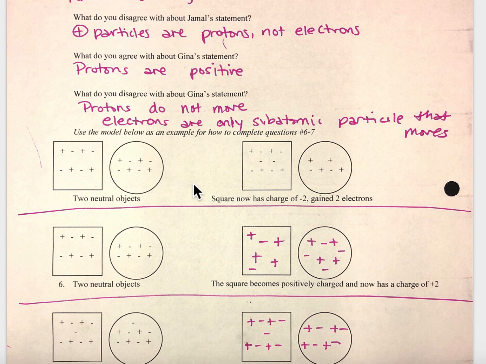Okay, so here we have two neutral objects. And again, neutral objects are just objects that have an equal number of positive and negative. And then over here, we have a square that has a -2 charge, and it gained 2 electrons. So that means that we drew 2 more minus symbols in this square compared to this circle.